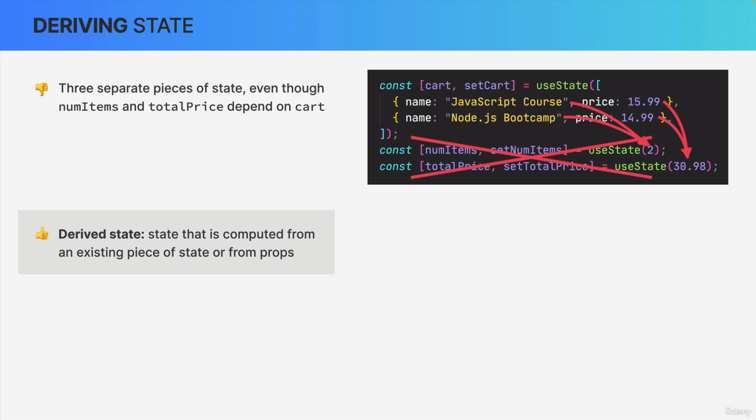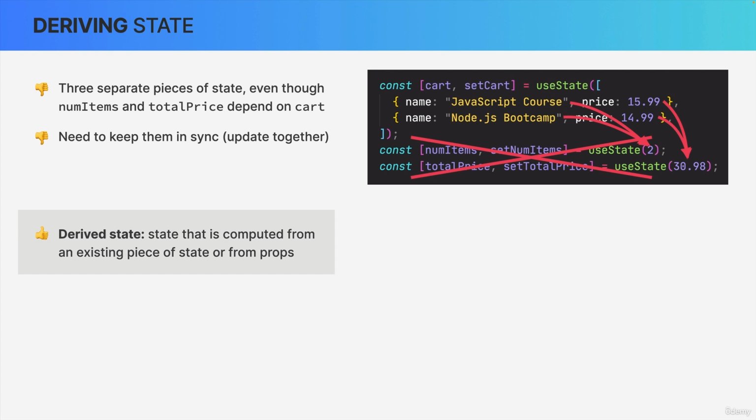First, because now we have to keep all these states in sync. So we need to be careful to always update them together. So in this situation, whenever we update the cart, we would also need to manually update the number of items and the total price. Otherwise, our states would get out of sync.